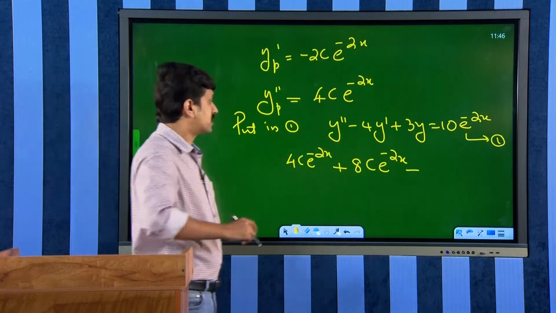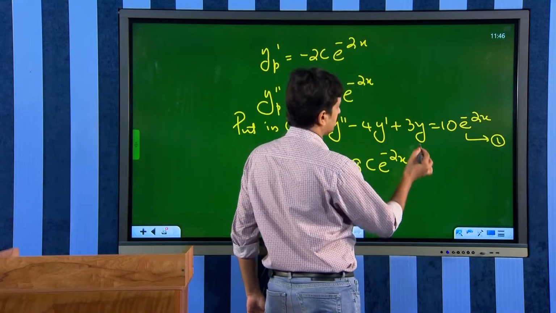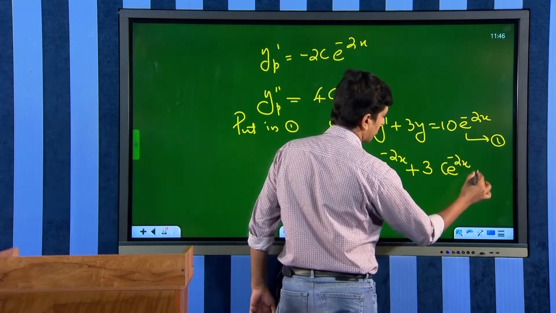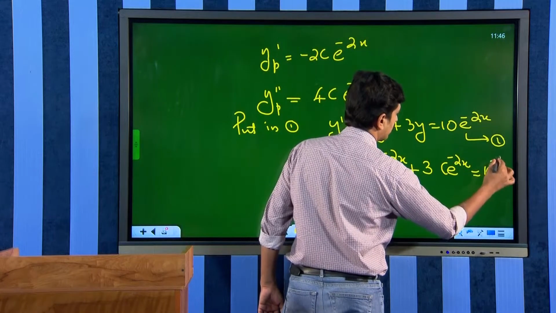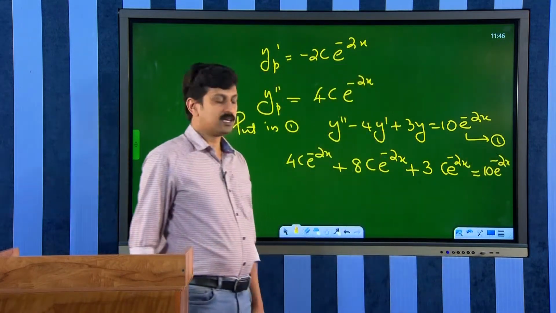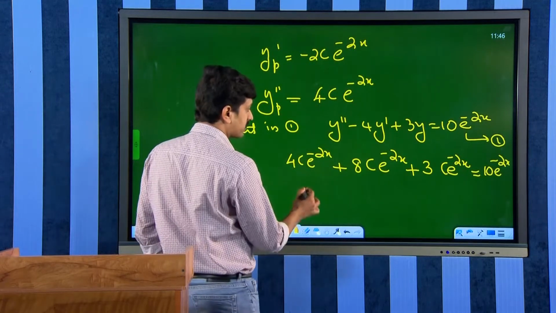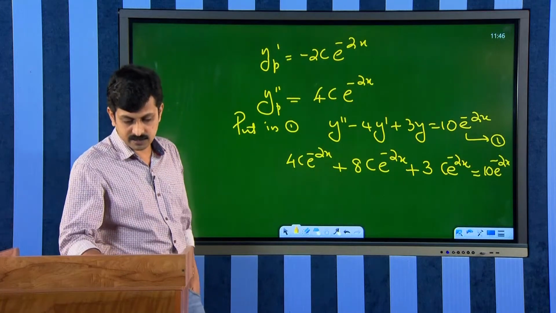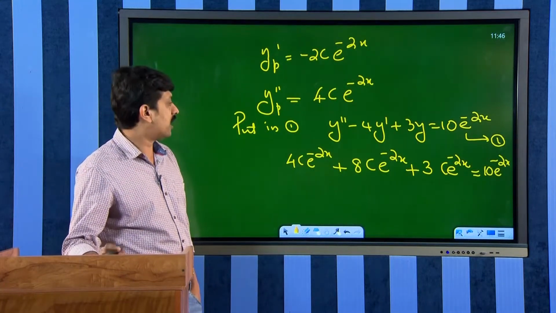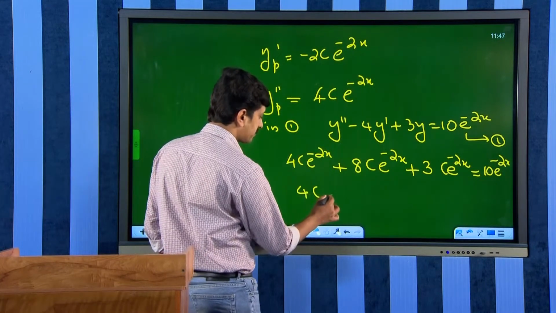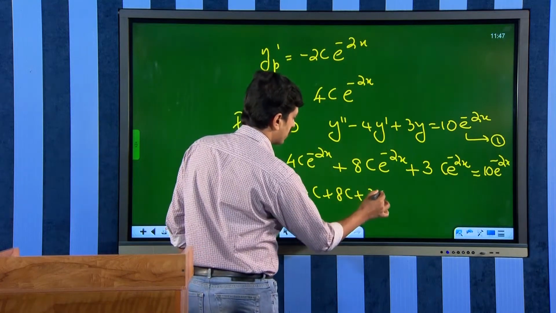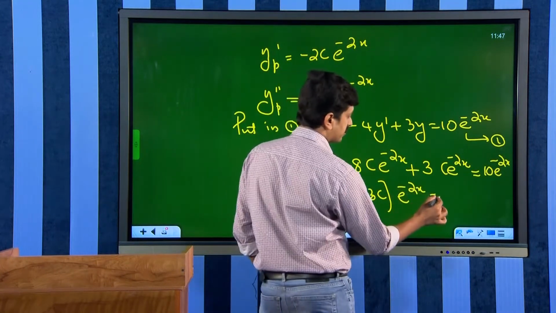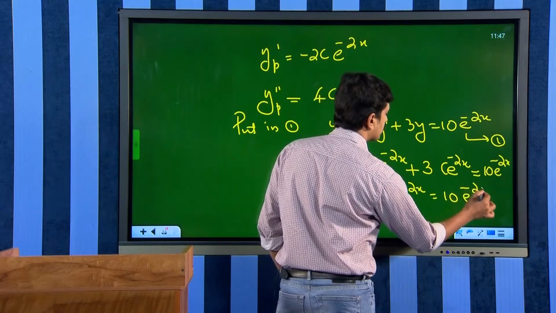Therefore, we will have plus 3c e raised to minus 2x, and finally, on the opposite side we will have 10 e raised to minus 2x. So, dear students, we will have 4c plus 8c plus 3c, into e raised to minus 2x, is equal to 10 e raised to minus 2x.